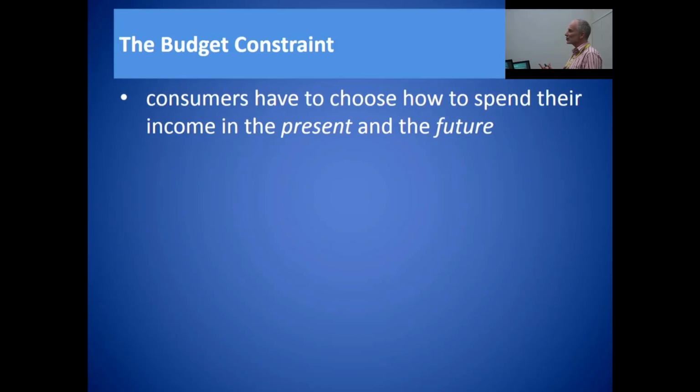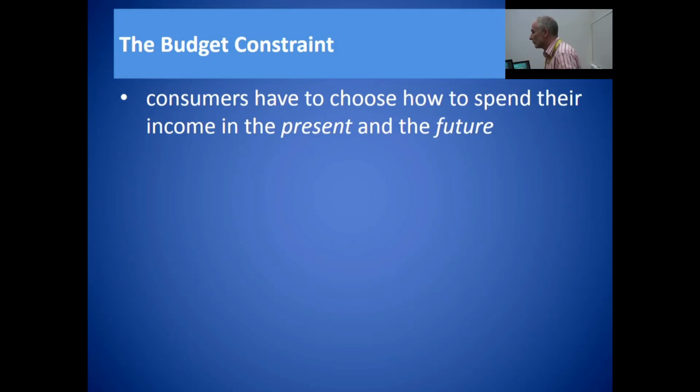And we'll say that consumers have to decide, have to allocate their income between two periods, choose how much they spend in two different periods of time. And these two time periods are the present and the future.